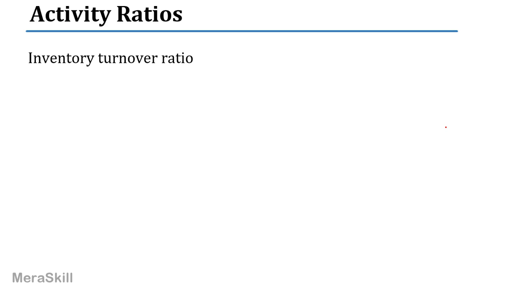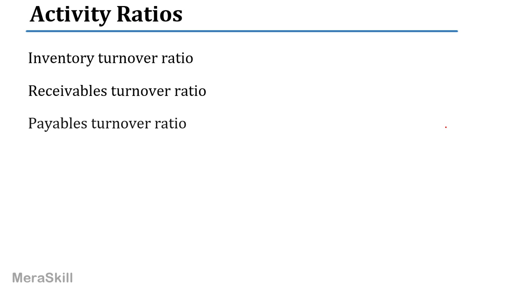We shall start with the inventory turnover ratio, the receivables turnover ratio. Once we sell to the debtors, if it is a credit sale, it takes time for it to be converted to cash, right? The receivables turnover ratio. The payables turnover ratio, on the other hand: when we buy materials, we may not pay immediately. We may pay cash after a month or 2 months, whatever is the normal terms of credit.